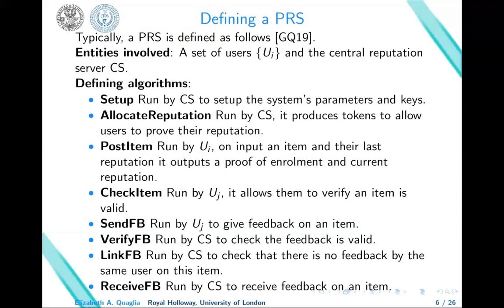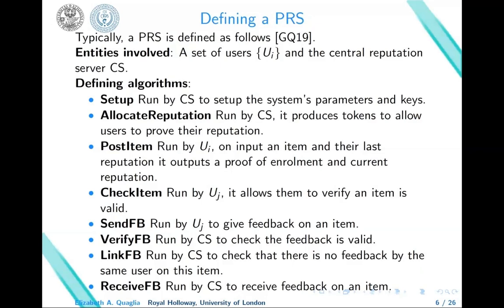Now, I don't expect anyone to remember all of these algorithms or to know precisely their inputs and outputs. I've just given you an idea: when you start modeling a more advanced or complex cryptographic protocol, you have to start breaking down each aspect of the functionality, and this is what defining these algorithms helps you to do. So I'll go through them just to give you an idea.